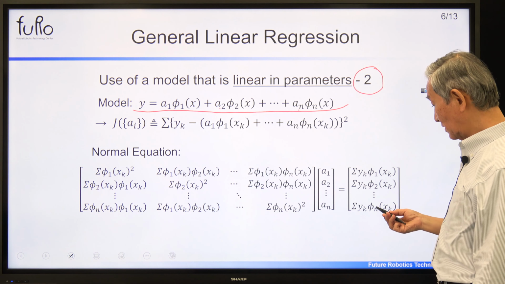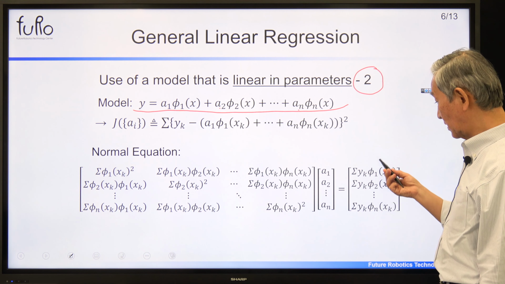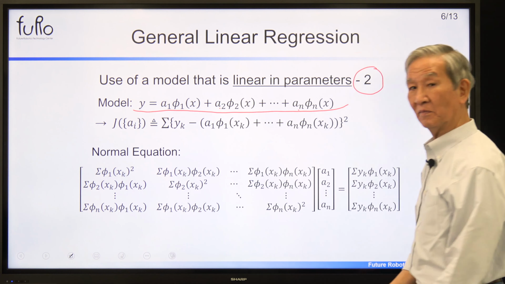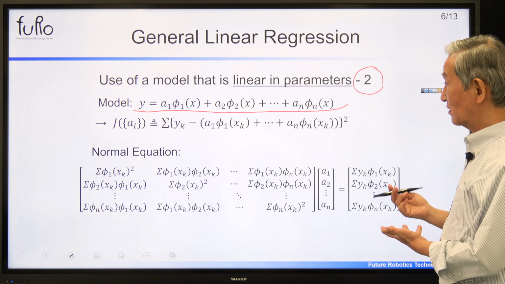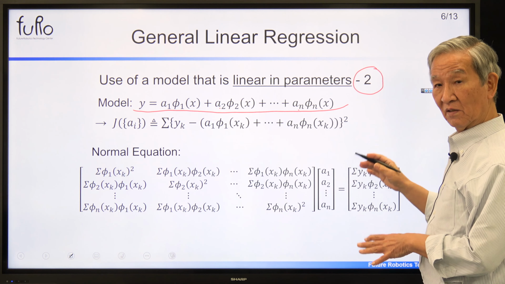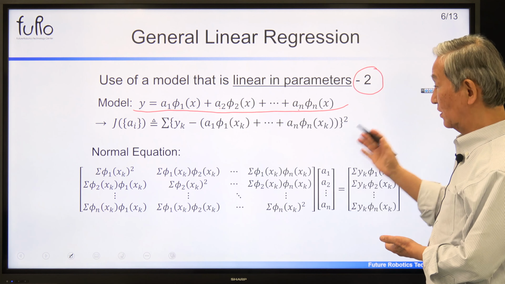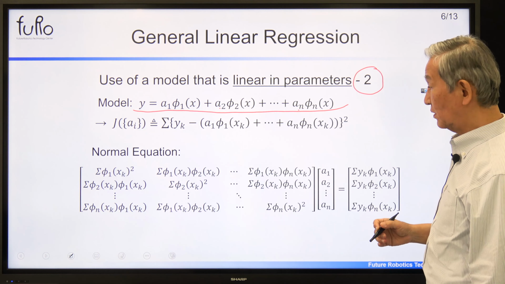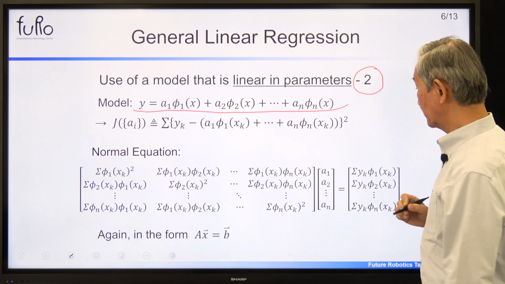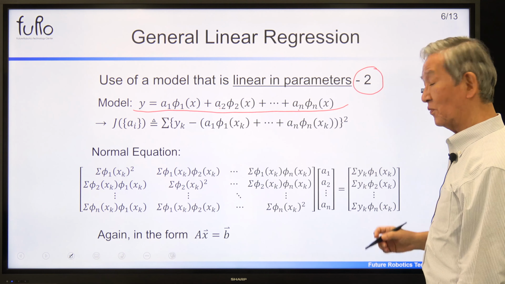And here, phi n is multiplied, down to phi 2, phi 1. So from the other example, you can pretty much identify that this is going to be the equation you will get. And this is a normal equation which you can solve, again, in the form of this.